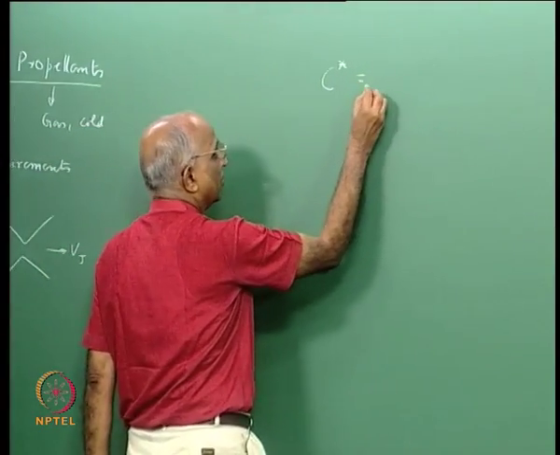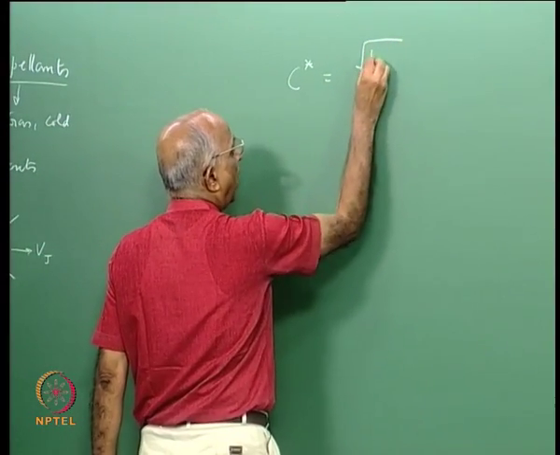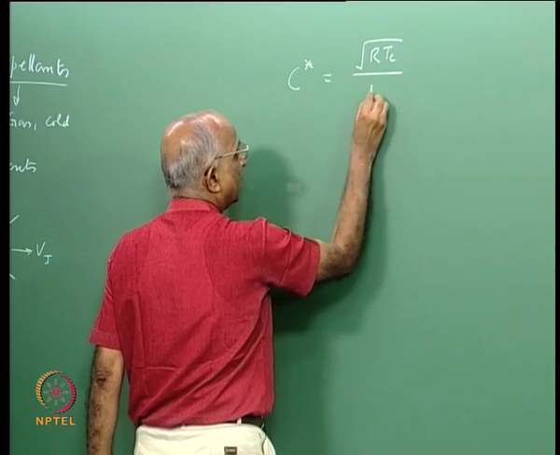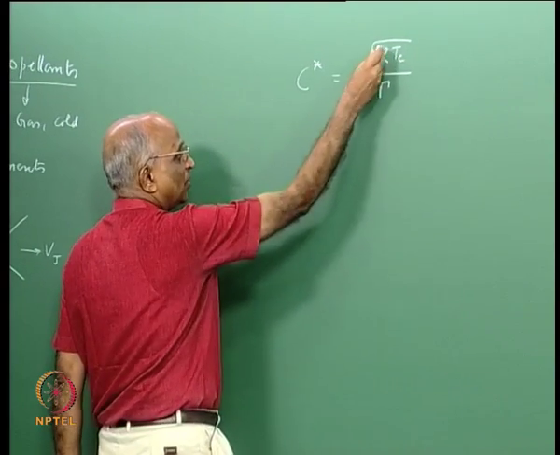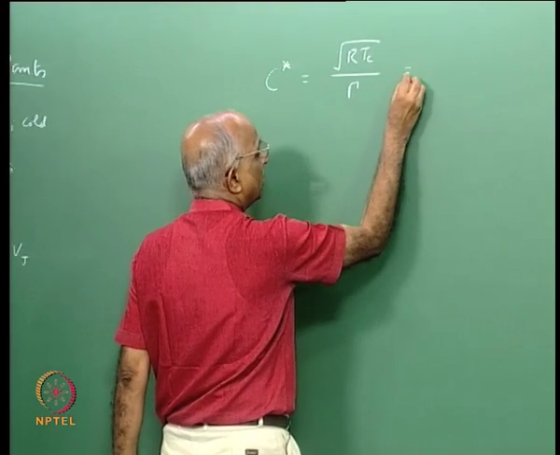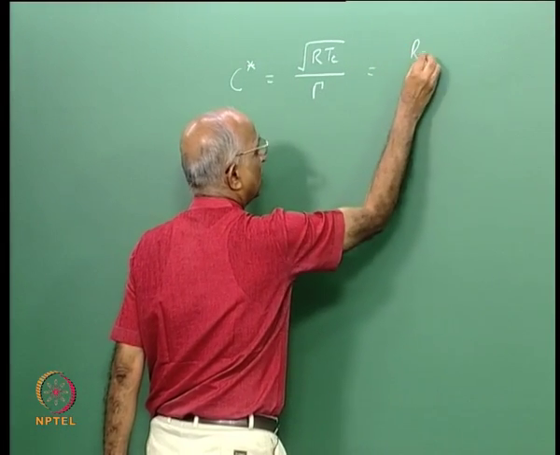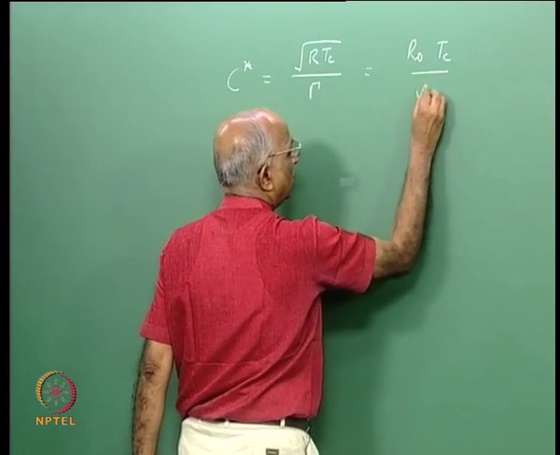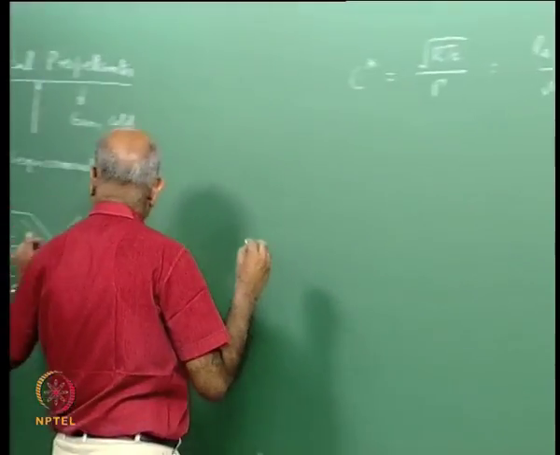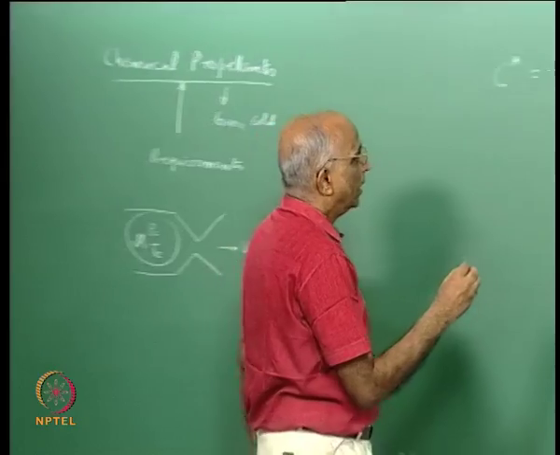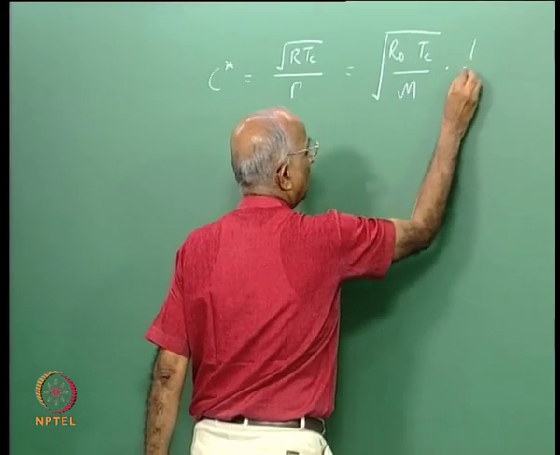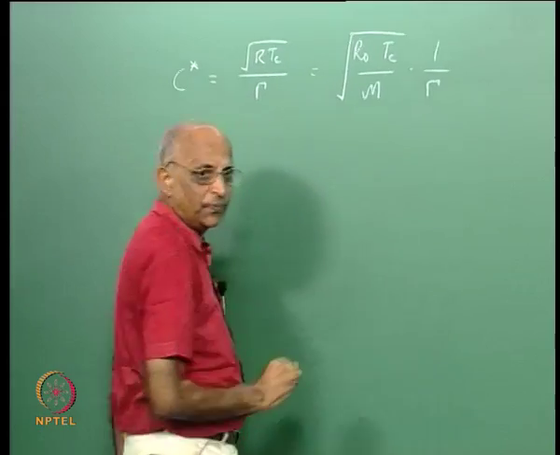We had the expression under root R into temperature of the hot gases divided by capital gamma, where R was a specific gas constant, which in terms of the universal gas constant we could write as R naught Tc by the molecular mass of the gases which are sent out through the nozzle, and this is again under root, into 1 over gamma, which is a function of gamma.